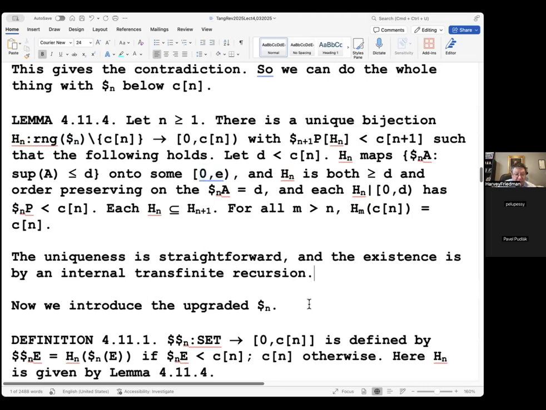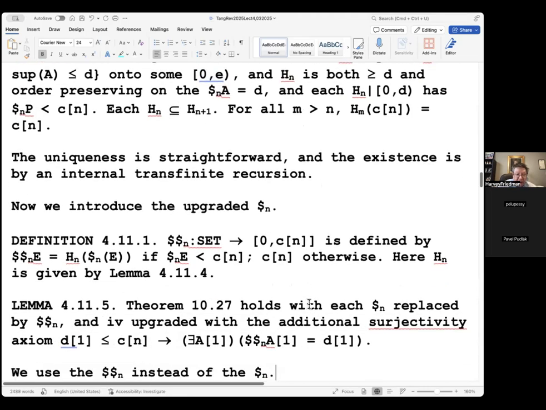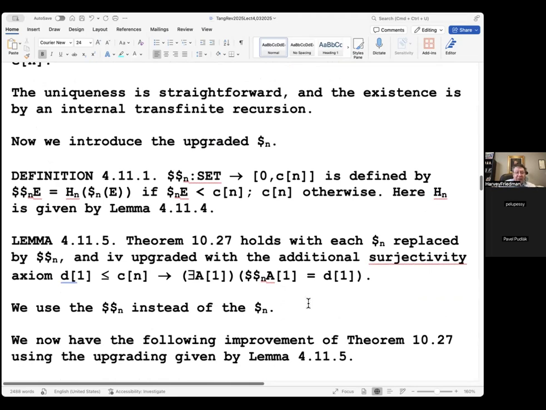Yeah. So now we have this upgraded dollar sign, I call it double dollar sign, which is defined by this collapse function, this collapse to an interval, this transfinite recursion, right? So we use what we just proved in order to define the double dollar sign.